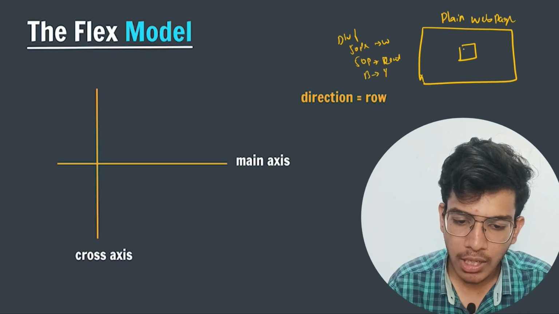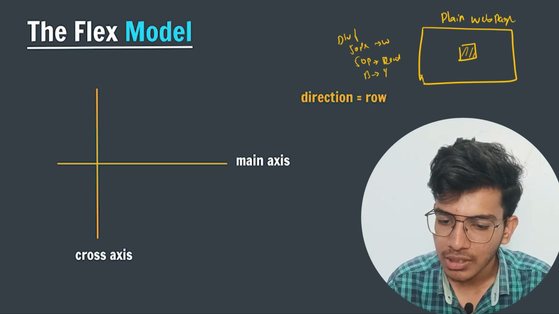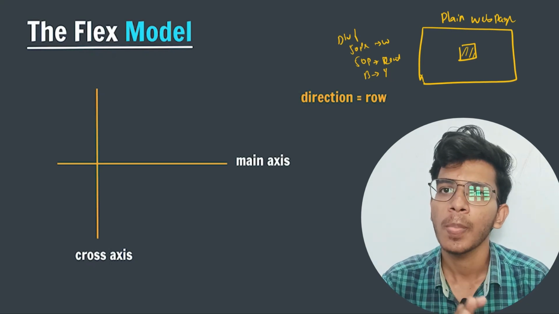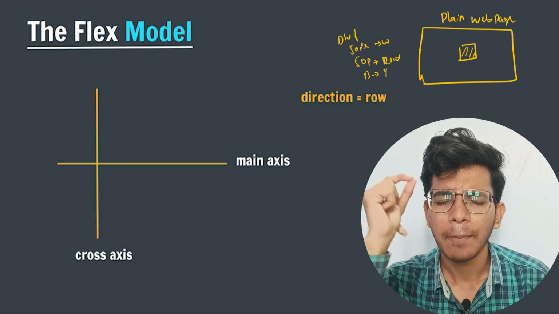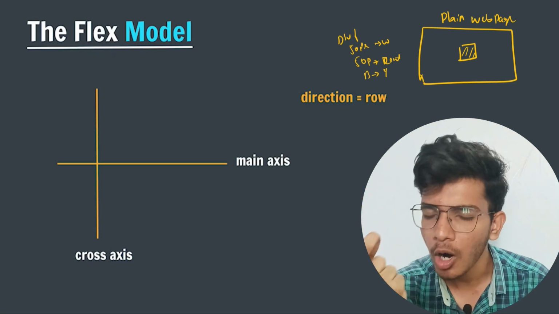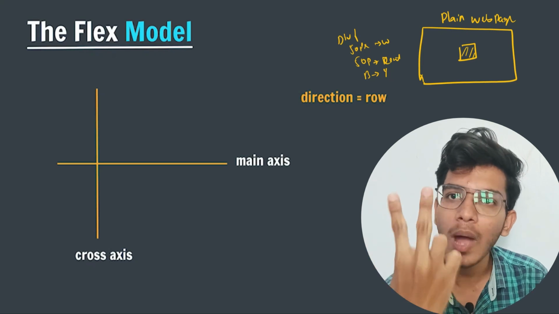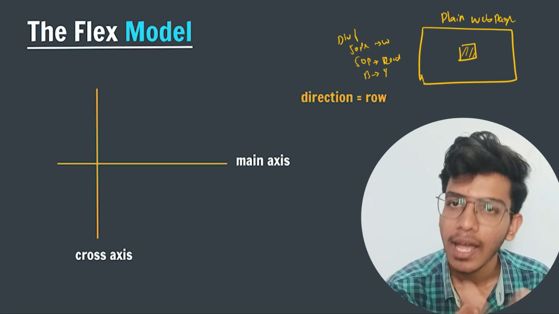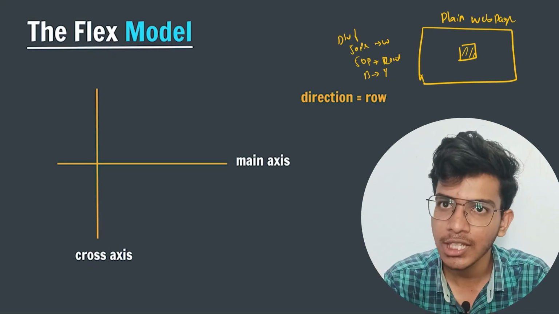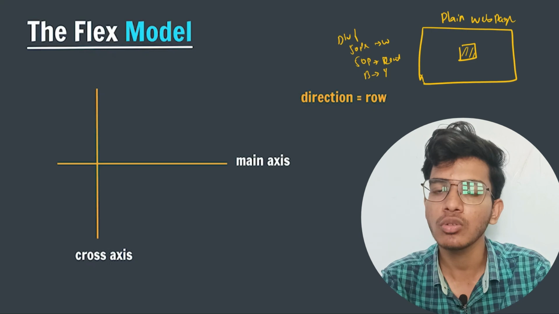Let's say the background color of this div is yellow. Now if you imagine this div as a Flexbox model, then it will have 2 axes associated with it, and these are imaginary axes. You cannot see them, but we have to visualize them and understand them in our head.